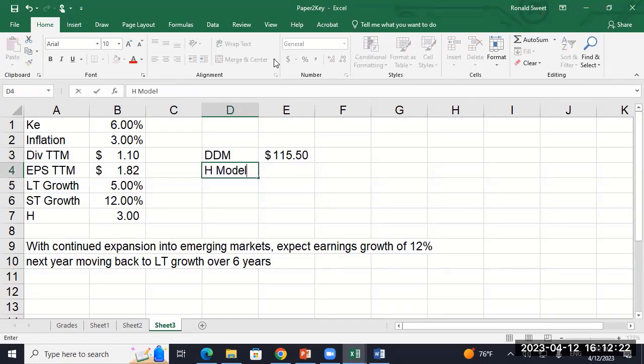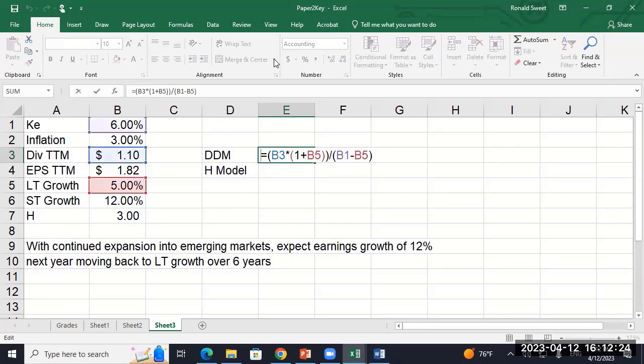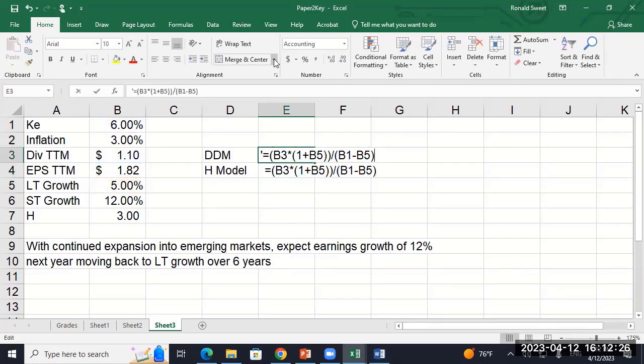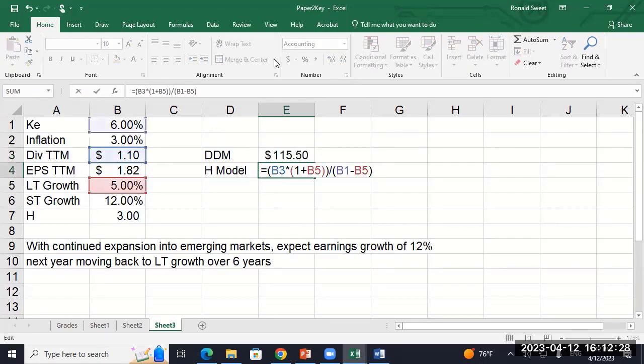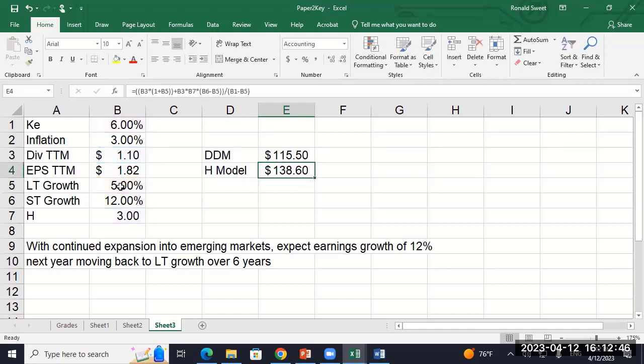The H model, the same thing again, except we're going to add dividend 0 times H times short-term growth minus long-term growth. So very simple.